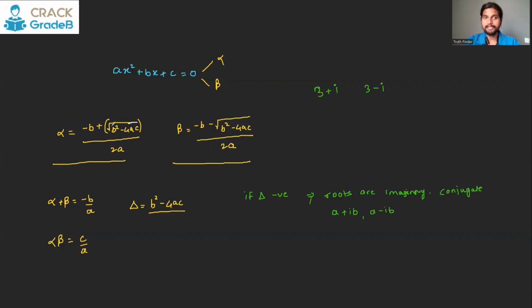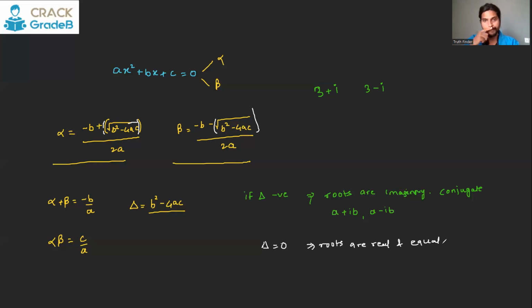But what if the number inside the root becomes 0? That means if delta is 0, whatever is inside the bracket also becomes 0. So whatever comes after this plus or minus is 0, and that makes both the roots equal. Then we say the roots are real and equal.